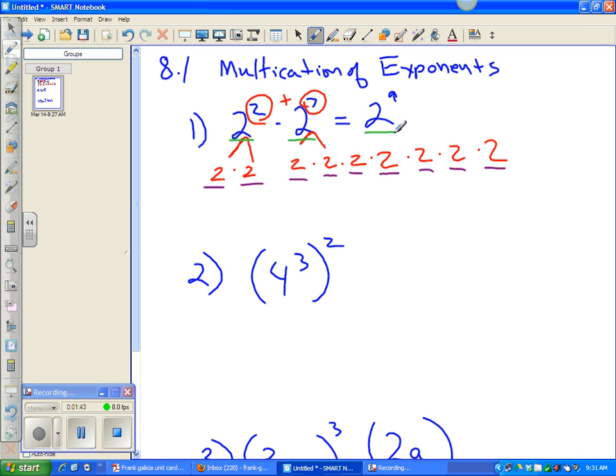Let's do the next one, which is a little bit harder because now you are raising a 4 to the 3rd to the 2nd. Let's do this.